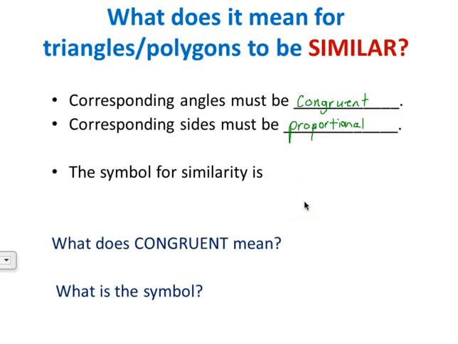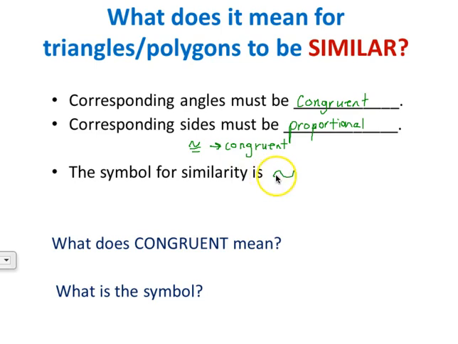All right, and the symbol for congruency we talked about on the other side is this. So that represents two things that are congruent. What is the symbol for similarity? It's just this squiggly line that's actually on top of our congruent symbol.